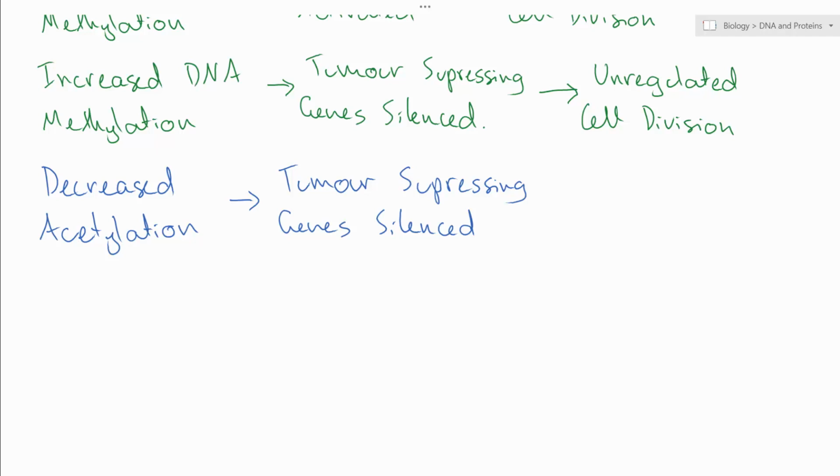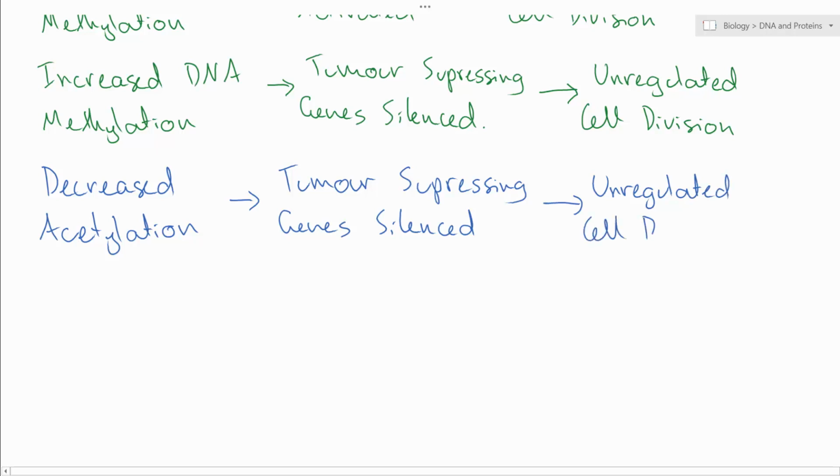So if we're not seeing that happen, then tumor suppressing genes can't be accessed, they'll be silenced, and once again can lead to unregulated cell division. Because if they're silenced, they're not being made, they can't try and suppress tumor formation. A tumor is just a massive growth or lump of cells that have divided really rapidly, so it created this lump or this mass.